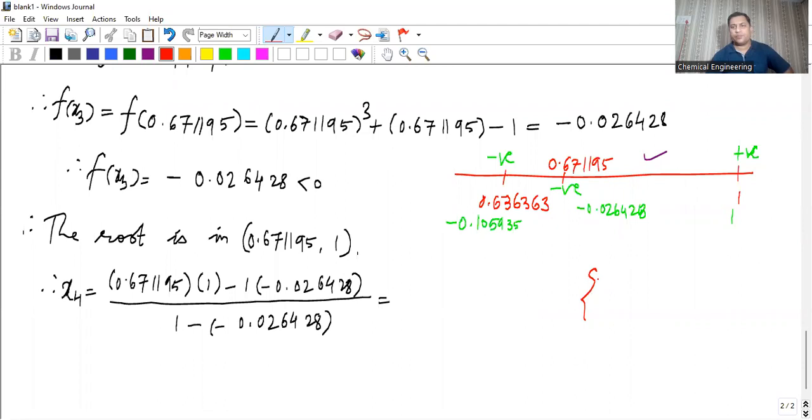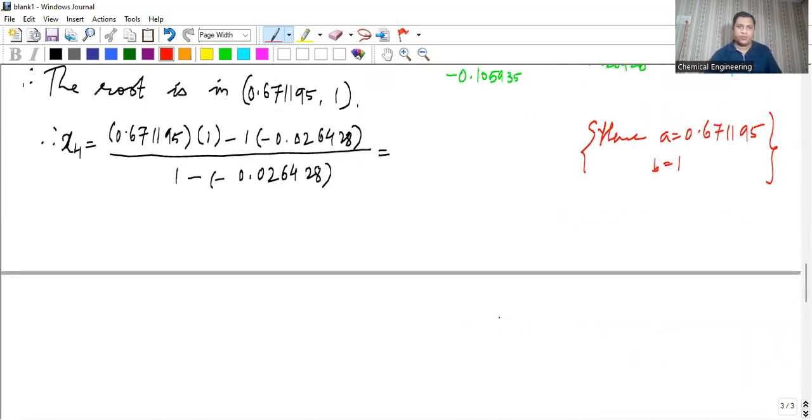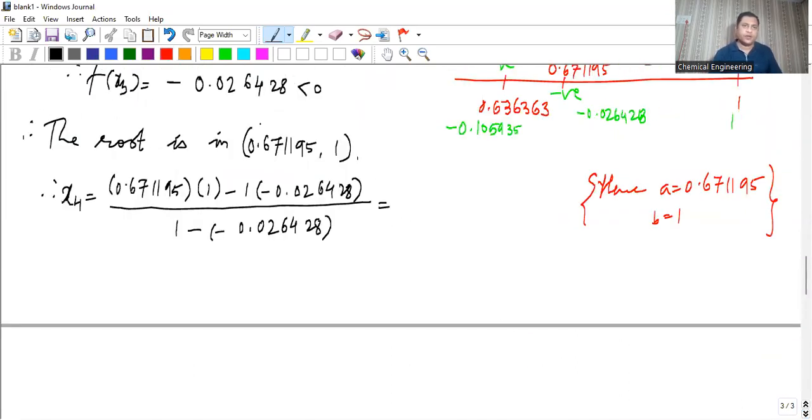Here again a is equal to 0.671195 and b is 1. Can any one of you tell me what is the value of x4?